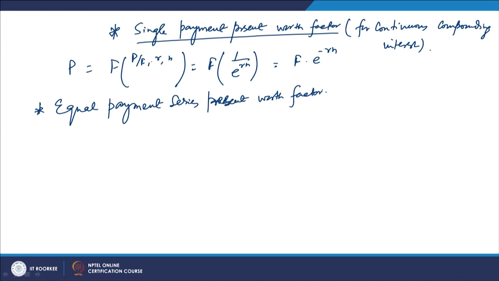So, we are interested to know the factor P by A, r, n. In this case, you are trying to have a factor which should be multiplied with A, so that it gives you the value of P.